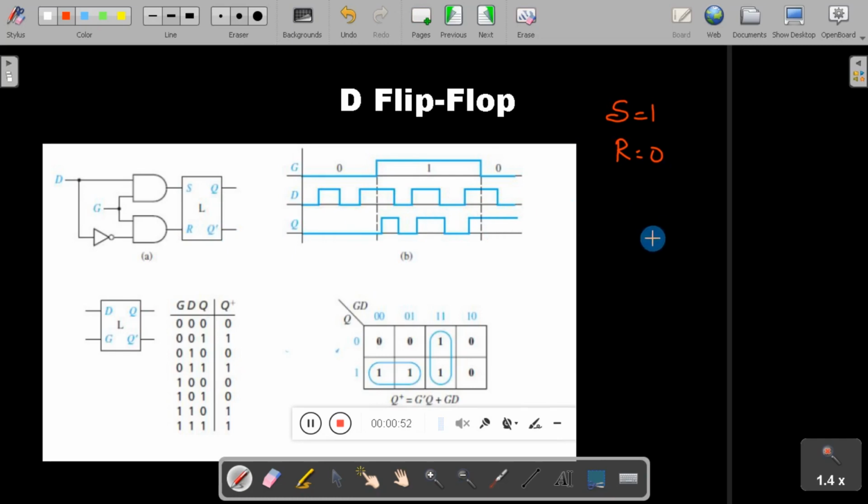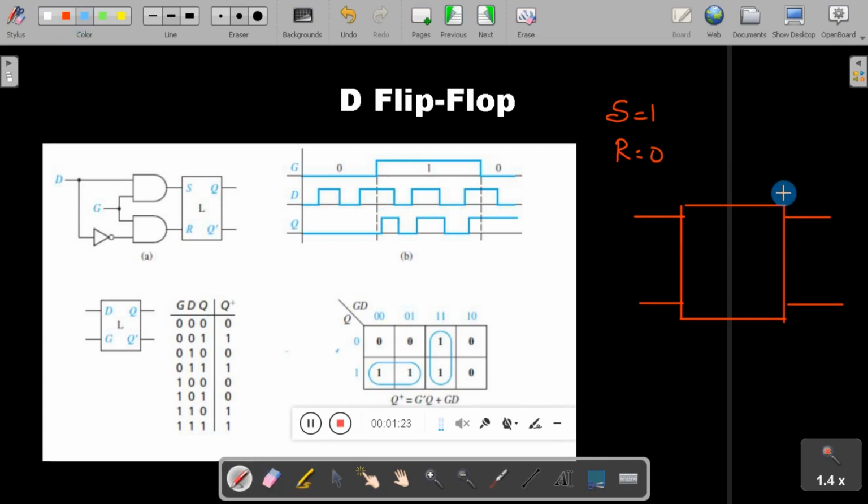In D flip-flop, the simple way to construct the D flip-flop is from SR. So let me write here. This is the block diagram of SR flip-flop, where it contains two outputs and two inputs.